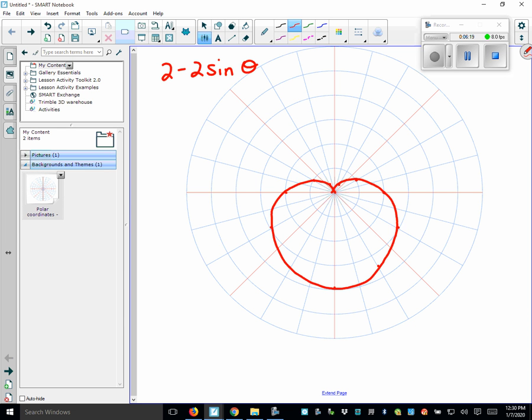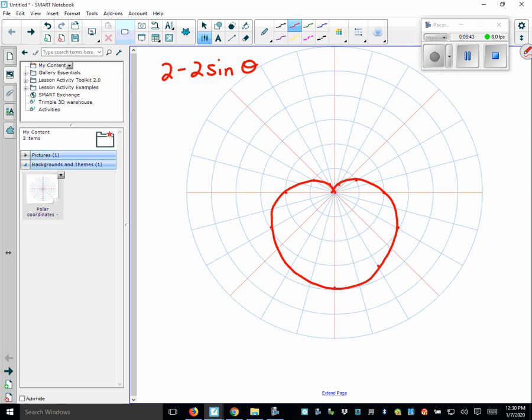Now we're going to talk about points. If they are rectangular, it is x, y. If it is polar, it is r, theta. All right? Know the difference? Rectangular is x, y, polar is r, theta.